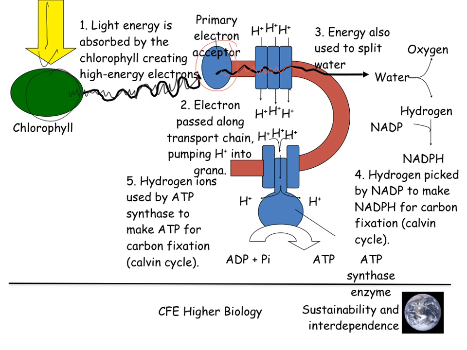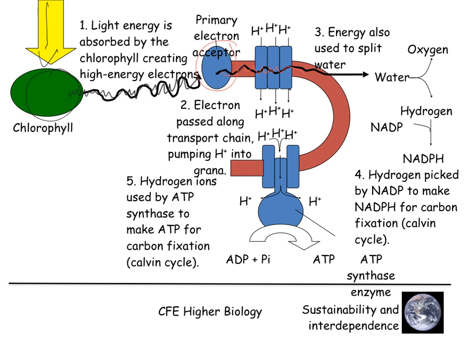If you remember the process before, where you had the electron transport chain in respiration, it's the same principle here. The electrons are passed along that transport chain, and that pumps hydrogen ions into the grana.